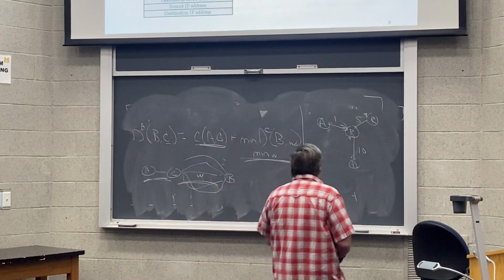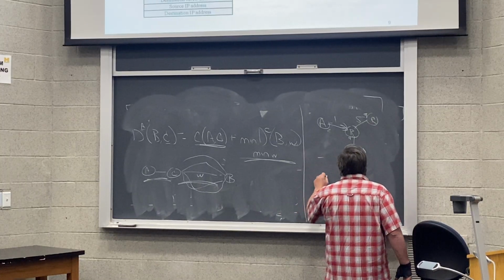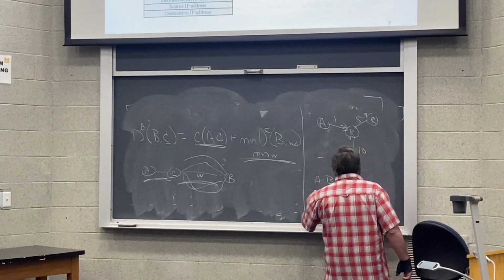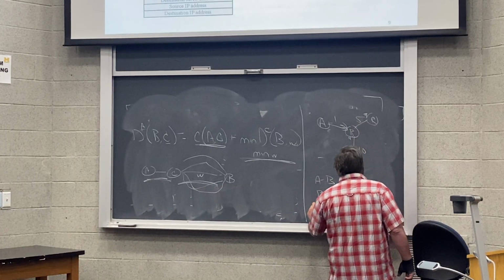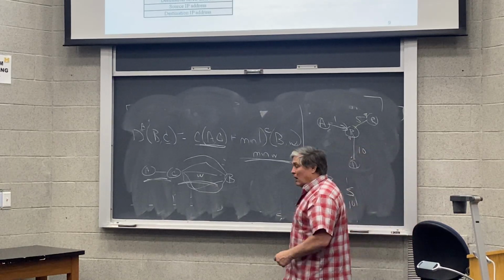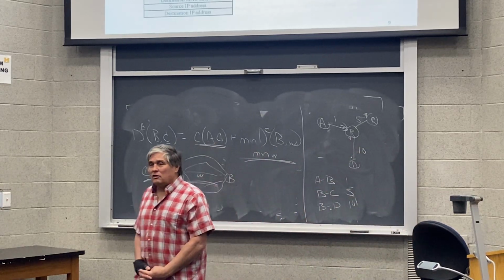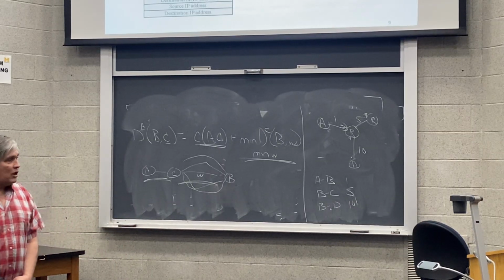So in this case, if I'm A, then the information I'm going to get is A to B is 1, B to C is 5, and B to D is 10. And now I have all the information I need to generate my routing table.